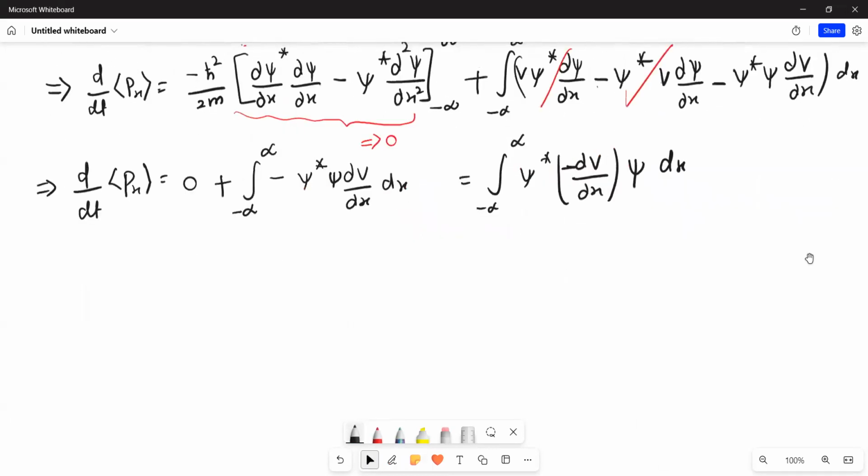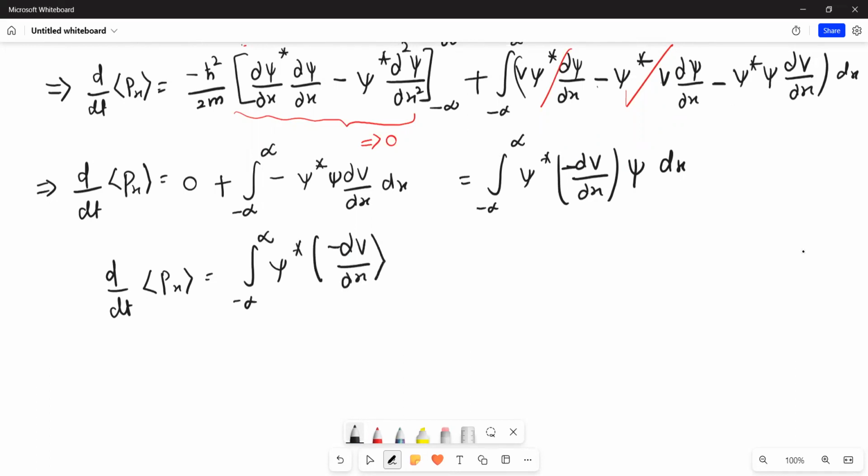So d by dt of the expectation value of px is nothing but the integral of psi star times minus dou V by dou x times psi dx.